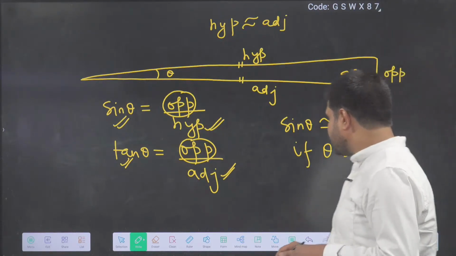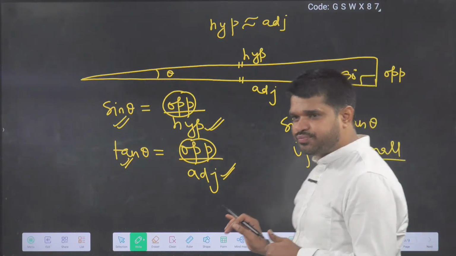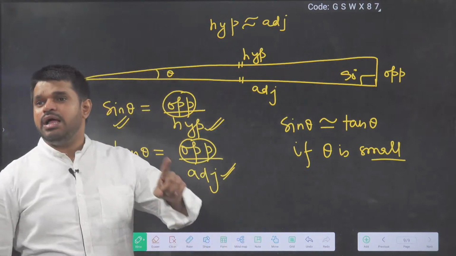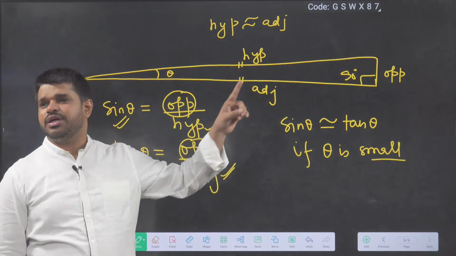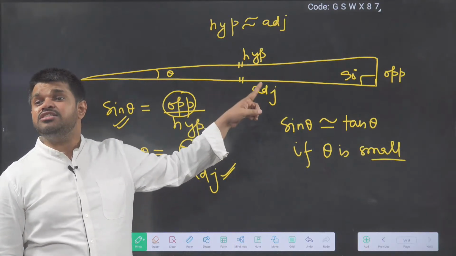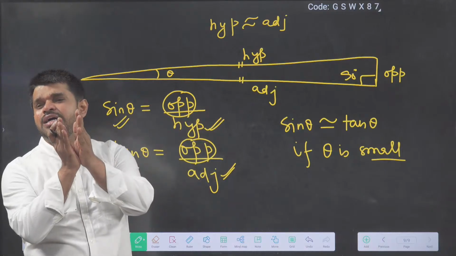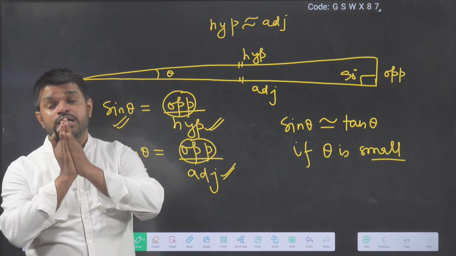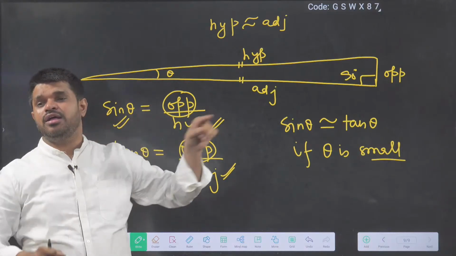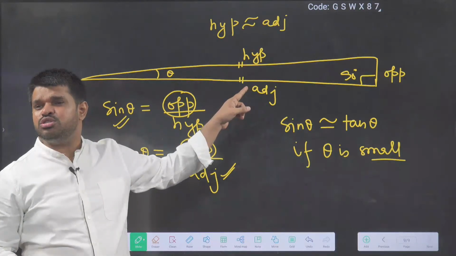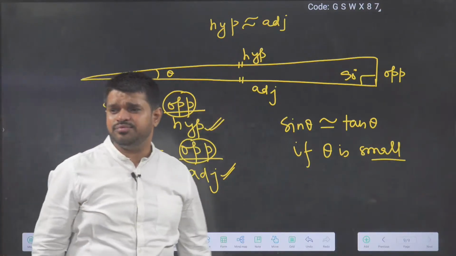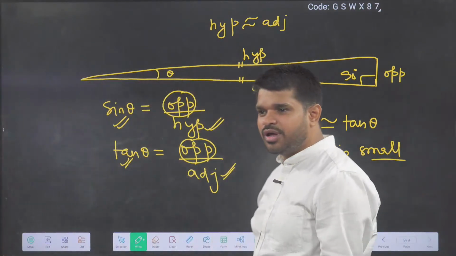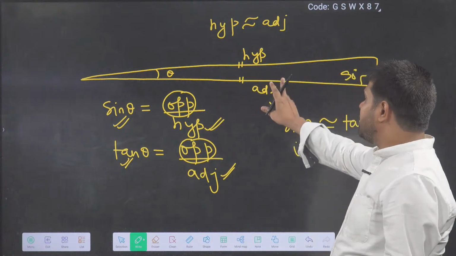Now see, very simple question. Tell me, does this triangle look like a very thin sector of a circle?